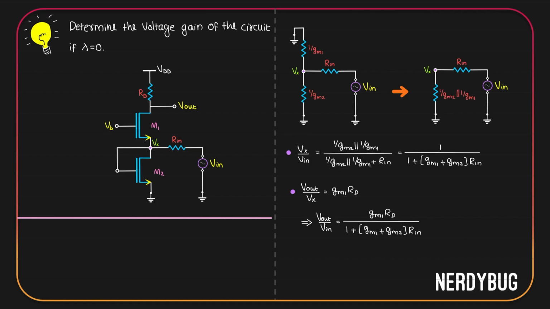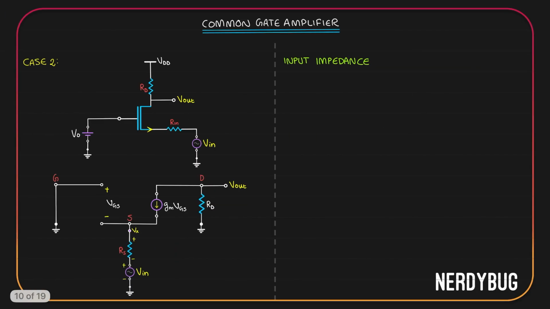This is our gain. Let's go and find the input impedance of case 2, where resistance of the input is also considered. What we have over here is the small signal model that we used. We saw that if we look into the source, this much of the circuit can be modeled as a resistor whose resistance is 1 by gm.